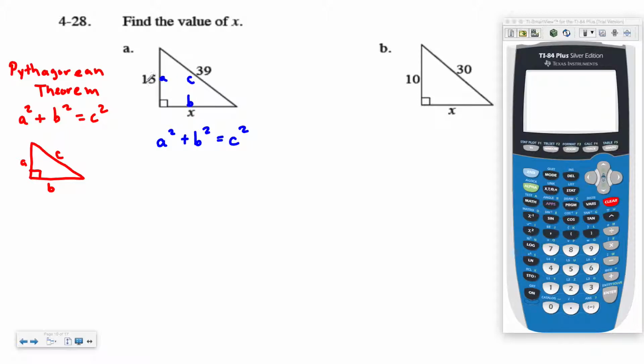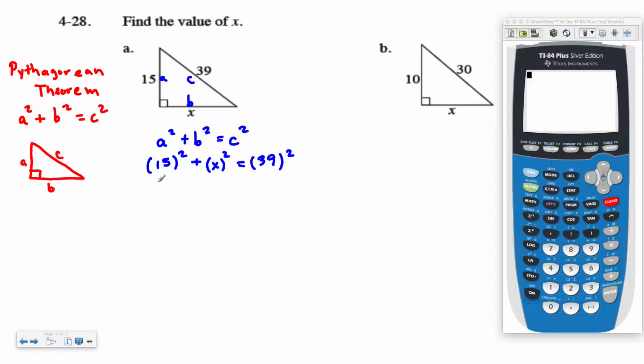So if A is equal to 15, we're going to end up with 15 squared plus, we don't know b here, we could say that's x in this case, that's what they're calling it, so let's just do that. Let's say plus x squared equals, in this case we have 39 for c, so 39 squared.